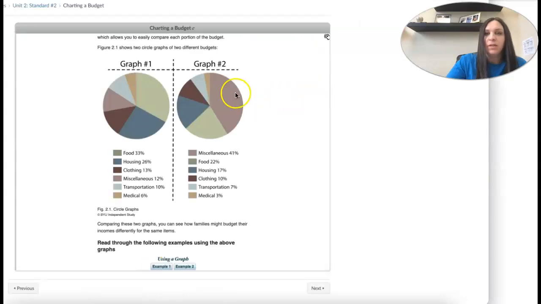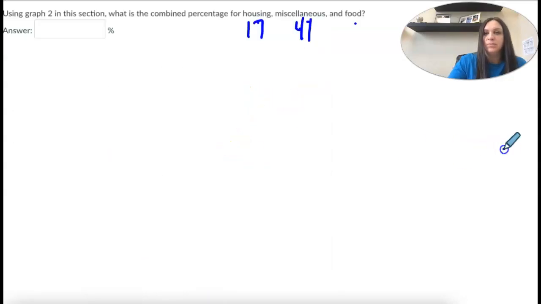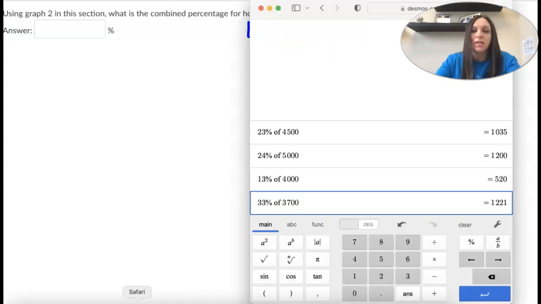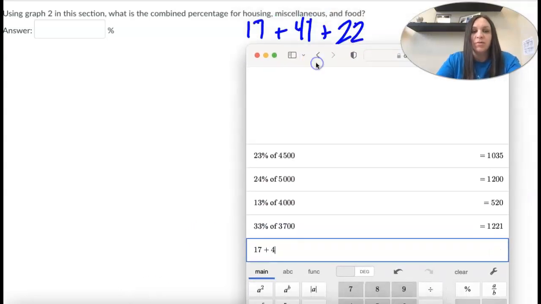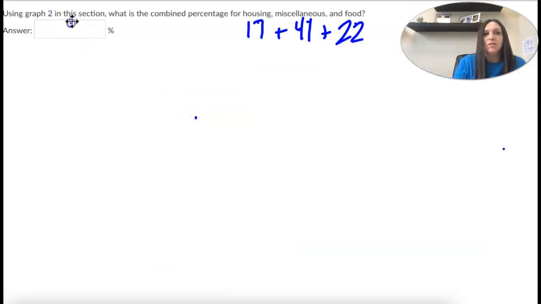And food is 22%. So if we add all those up, that's the combined percentage. So 17 plus 41 plus 22. So 80% is for those 3 things in the budget. That's it for this section.